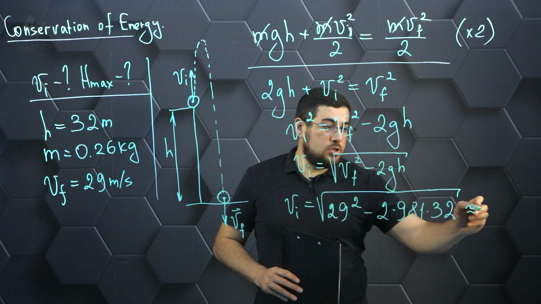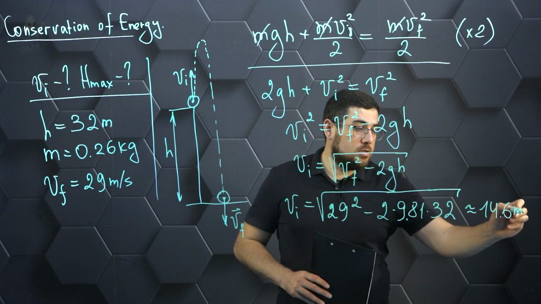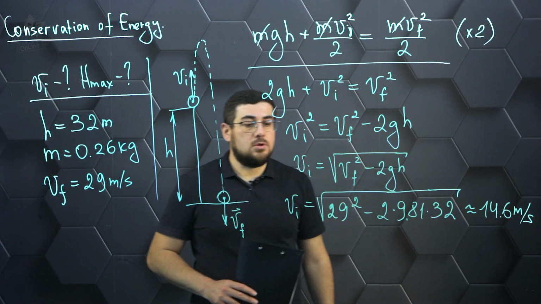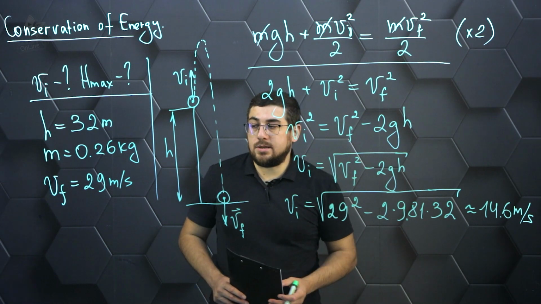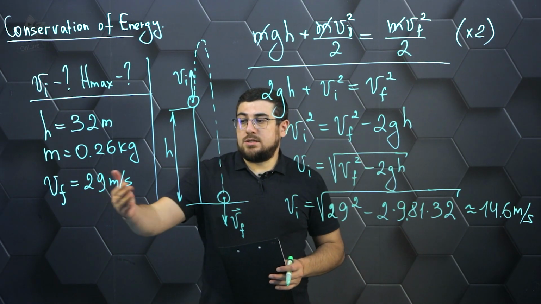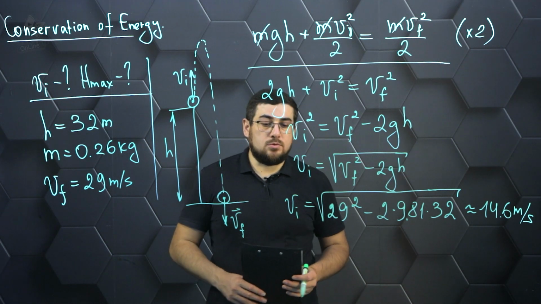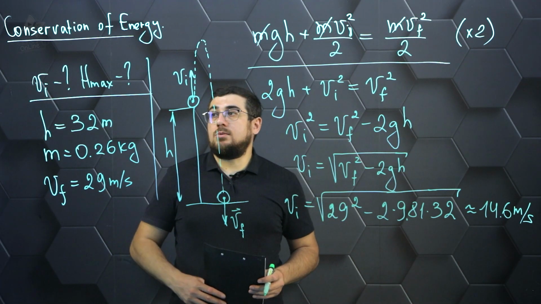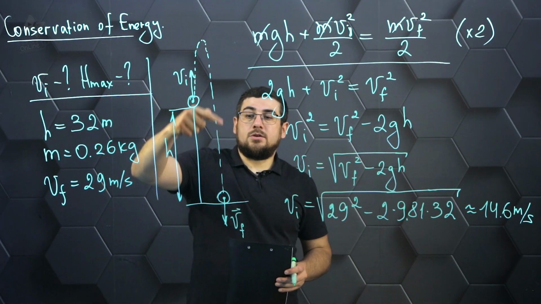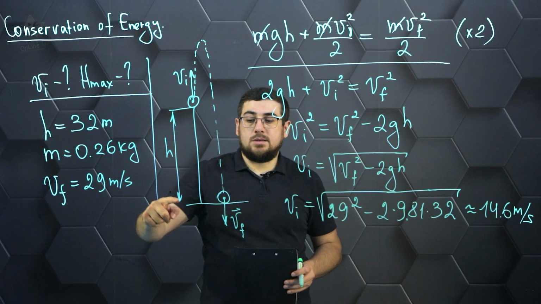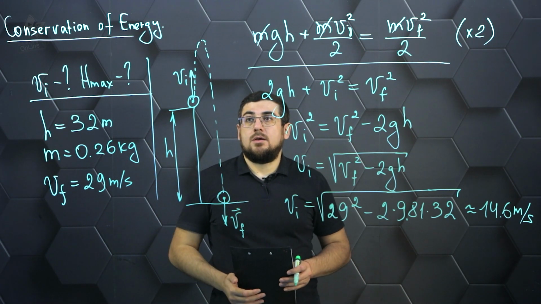After calculations, we approximately get the value of 14.6 meters per second. This will be the speed with which the stone was thrown. If we compare it with the final velocity, in principle, the answer is quite real. Further, we look at the maximum height from which it began to fall down, that is, its height relative to the bottom of the cliff.